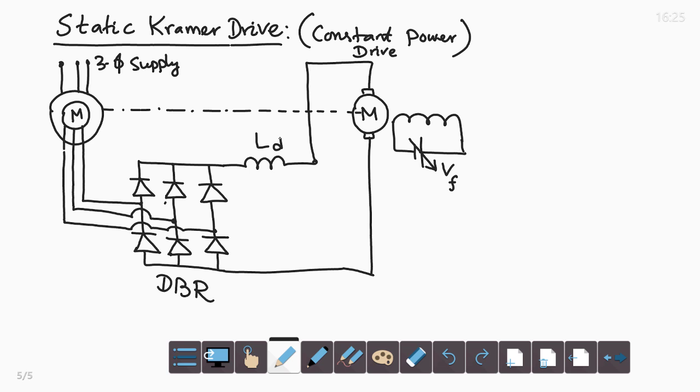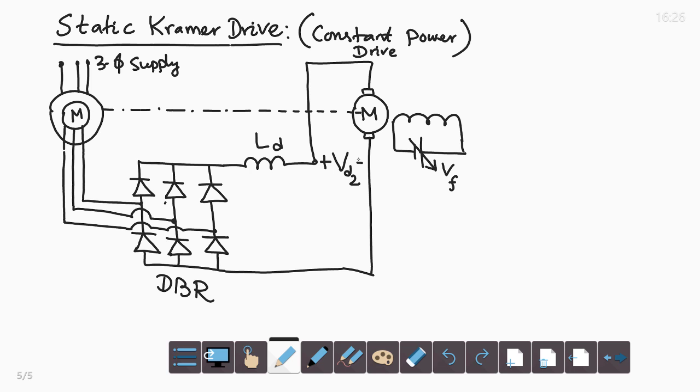This is the input VD2 to a DC motor; the rectified output of the diode bridge rectifier is fed to a DC motor, which is mechanically coupled to the induction motor. So, torque supplied to the load is the sum of the torques produced by the DC motor and induction motor.